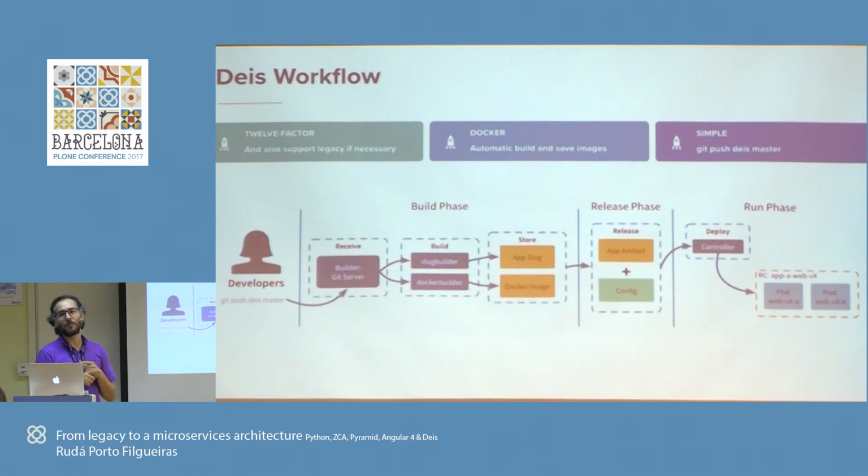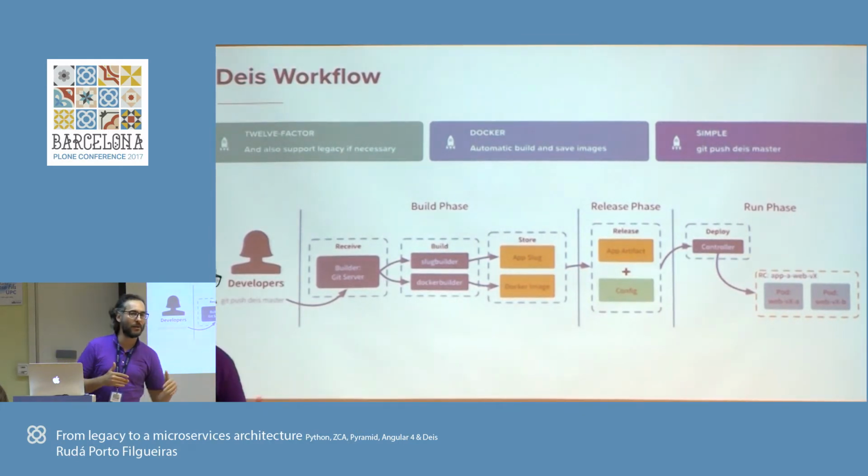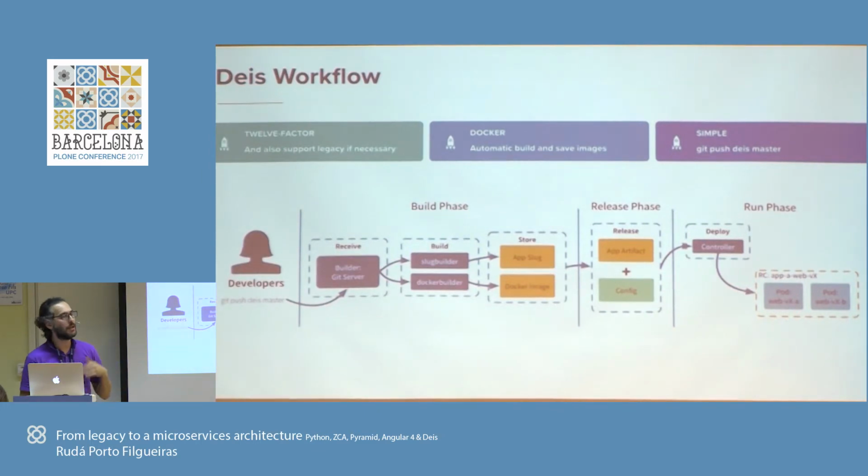So the user will not notice the change at all if your application is properly configured. You just change the release and you can also do rollback if you want. You have the history of who did the deploy and how many releases you did, which version, and everything is controlled by Deis.